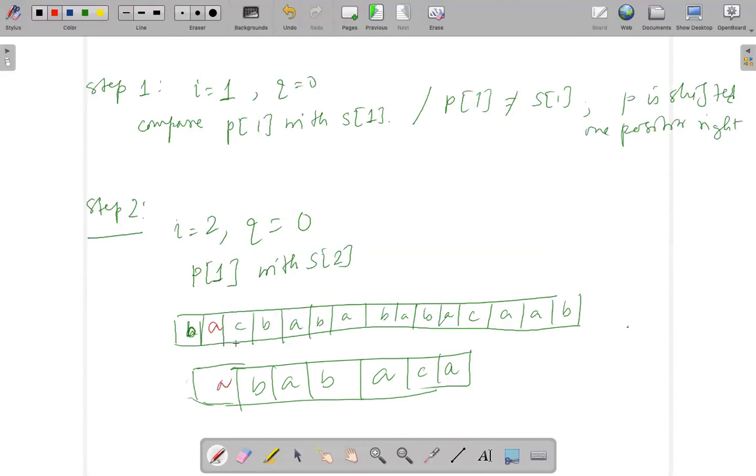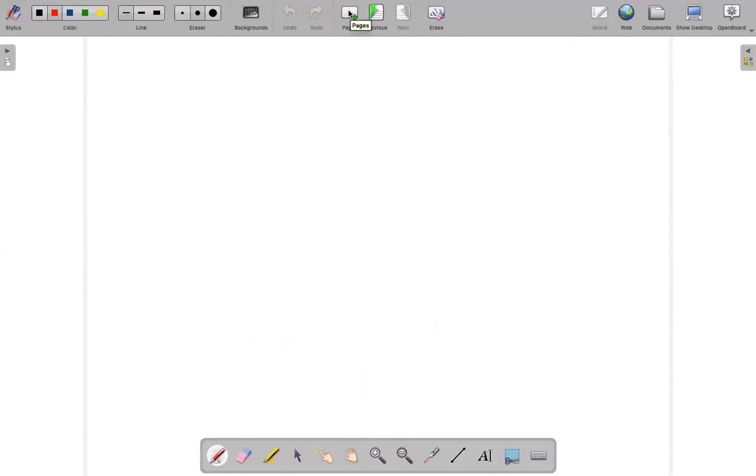So this is where the pointers for the two strings, the text and the pattern, are standing at this point. Now we move forward.